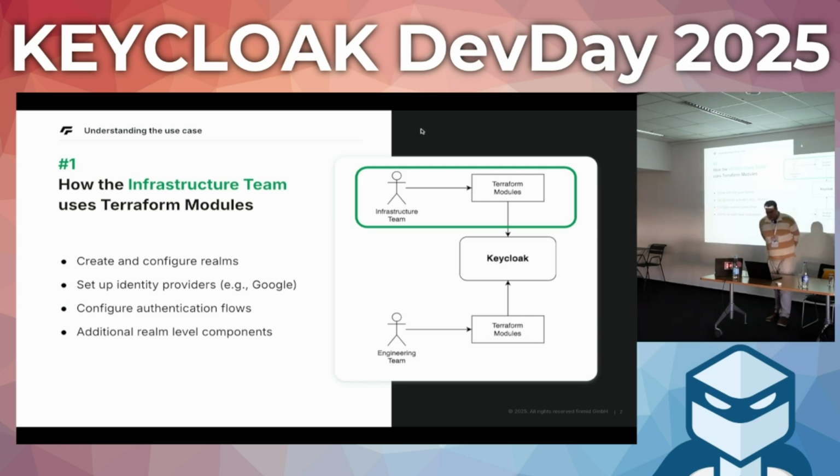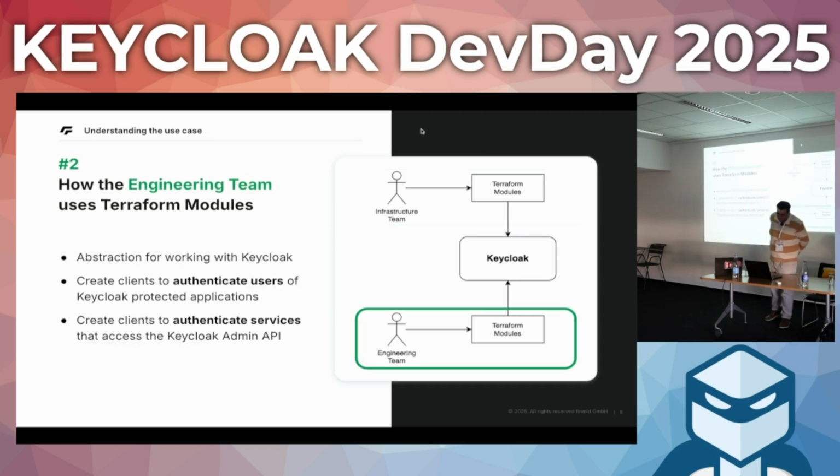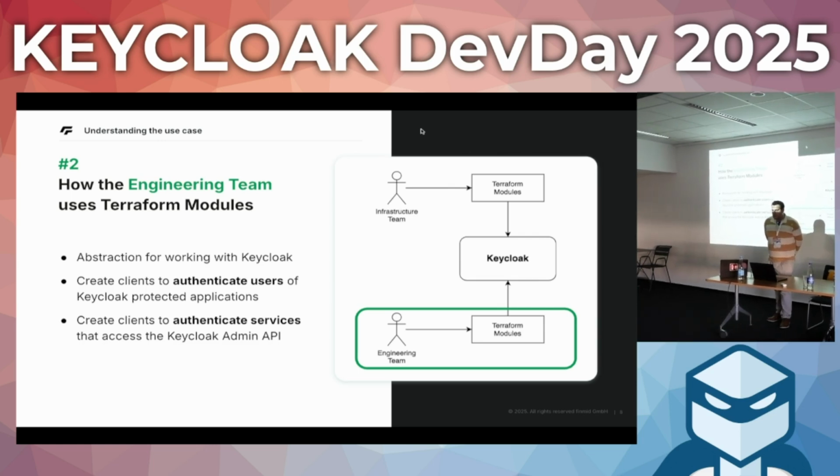If we are looking at the first use case, we are basically using Terraform modules we have written ourselves to configure the realms, set up identity providers, configure authentication flows, and of course, additional realm level components. In contrast, the engineering team basically uses Terraform modules as an abstraction of Keycloak.